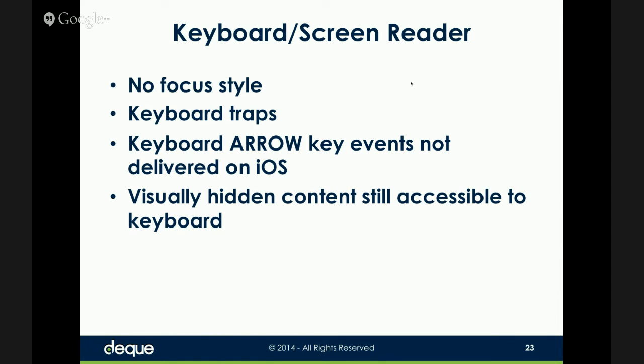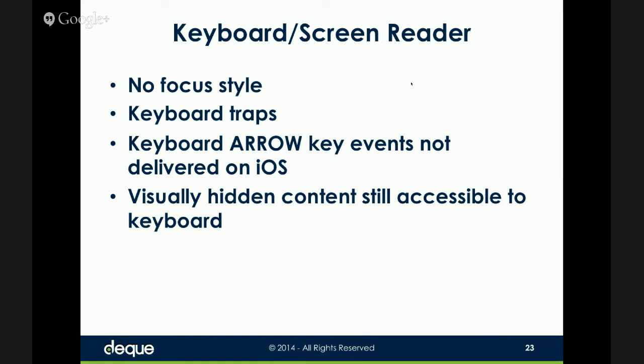Another common problem is in particular on responsive sites, where in one particular view, some of the content that's normally visible in the desktop view will no longer be visible on the iPhone, but the incorrect technique is being used to hide that content, so that a screen reader or a keyboard-only user interacting with the page will have to tab through all of that content, which may be off screen, and they may not be able to understand what it is that they're interacting with.